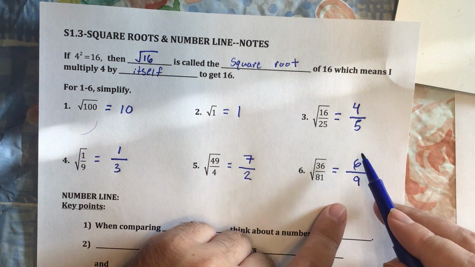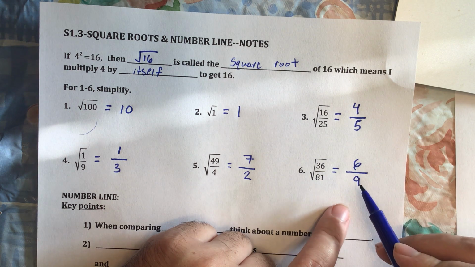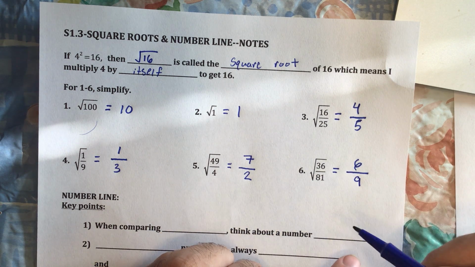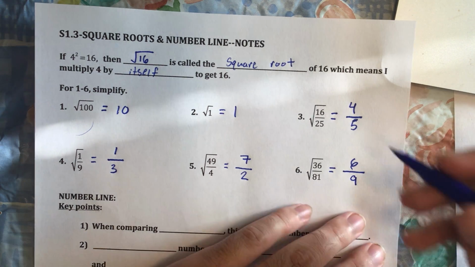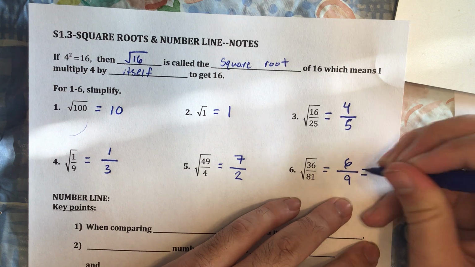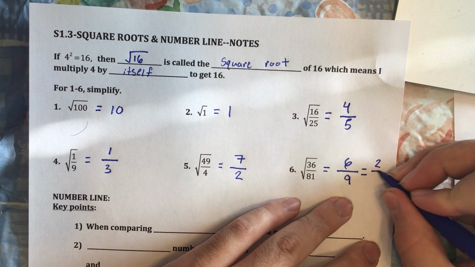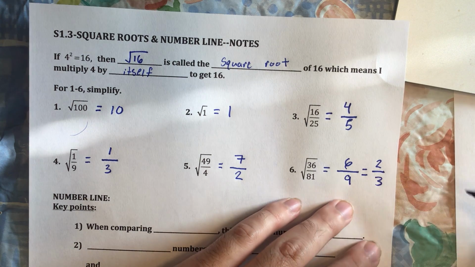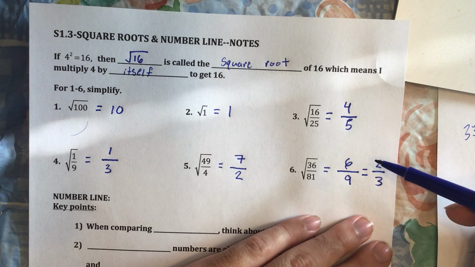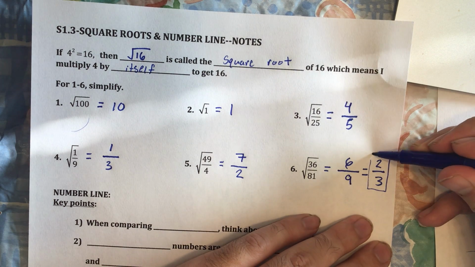So if you can divide the numerator and denominator, the top and bottom, by the same number, then you should to fully simplify it. So if you divided 6 by 3, that is 2. And if you divided 9 by 3, that's 3. So 6/9 is the same thing as 2/3, and 2/3 is the more simplified version of the fraction.